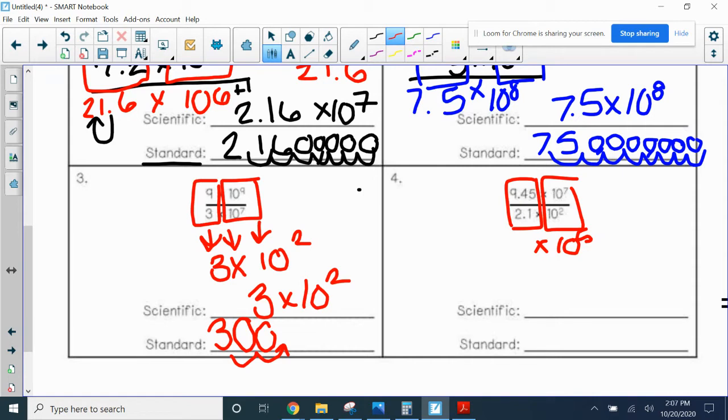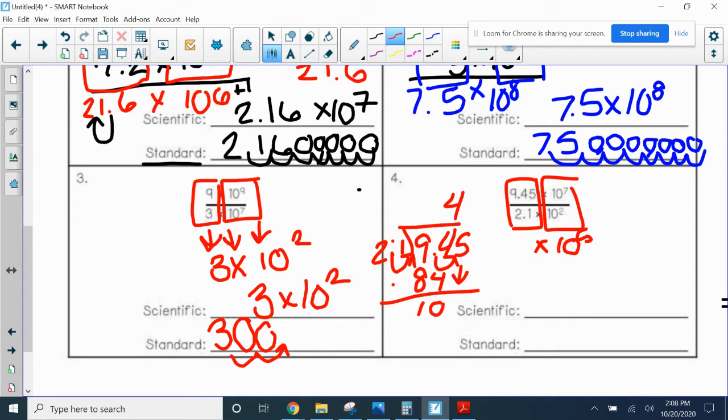And then you divided. So 2.1 into 9.45. We learned last year and the year before that when we're dividing decimals, we cannot have a decimal in our divisor. So we need to move that. And so 2 goes into 9 4 times. 2 times 4 leaves me with 84. 94 minus 84 is 10.